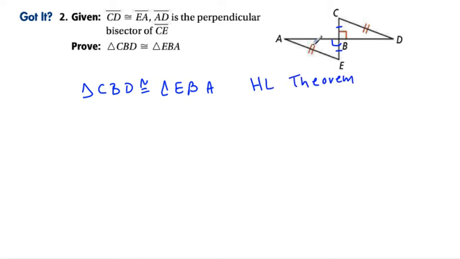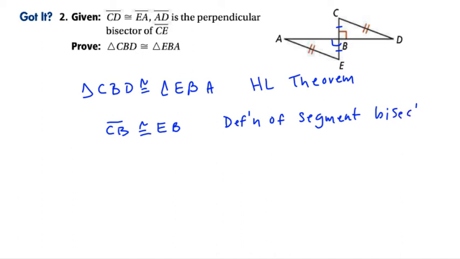And the reason for that is side CB is congruent to side EB, right? And that's true by the definition of segment bisector, right? It's the exact same process as the last slide.